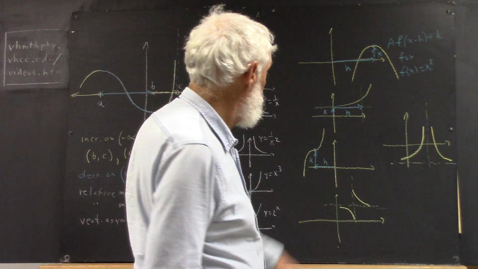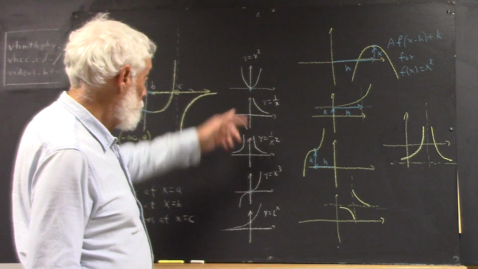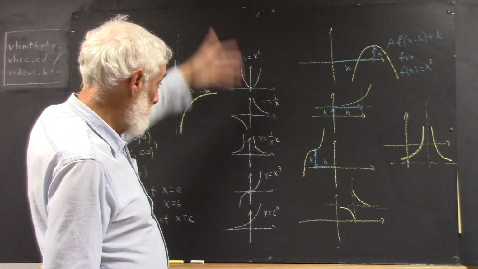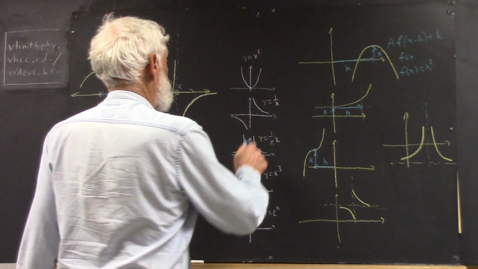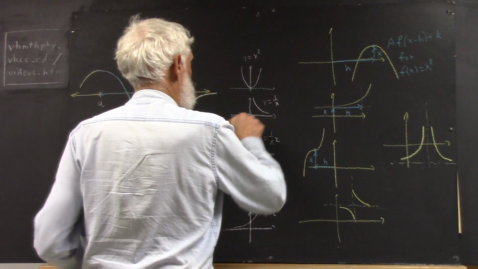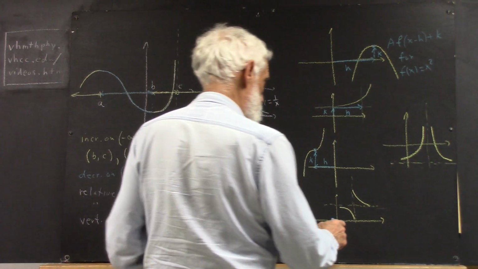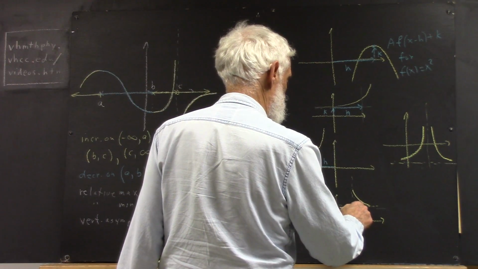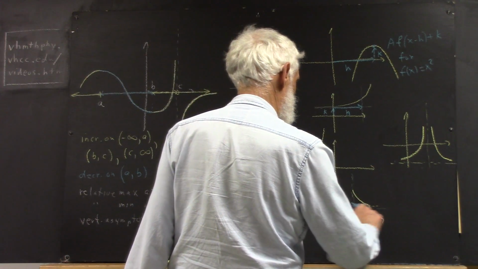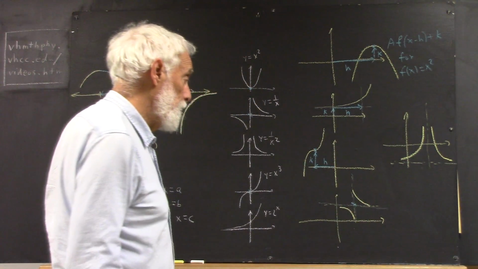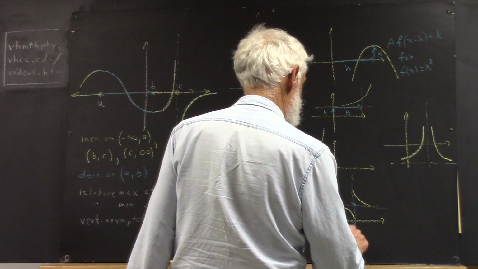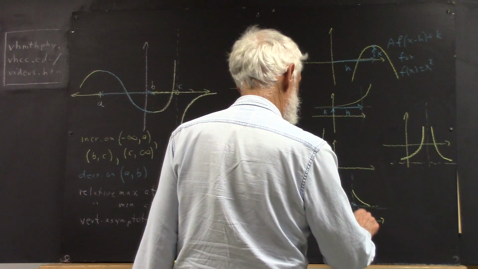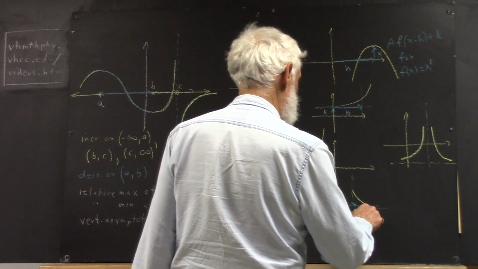For this graph, we have two asymptotes for the 1 over x graph, the y-axis and the x-axis. So the distinctive point would be here, and that point has been moved over to here because that's where the two asymptotes meet. So that again, we have a horizontal shift h and a vertical shift k.